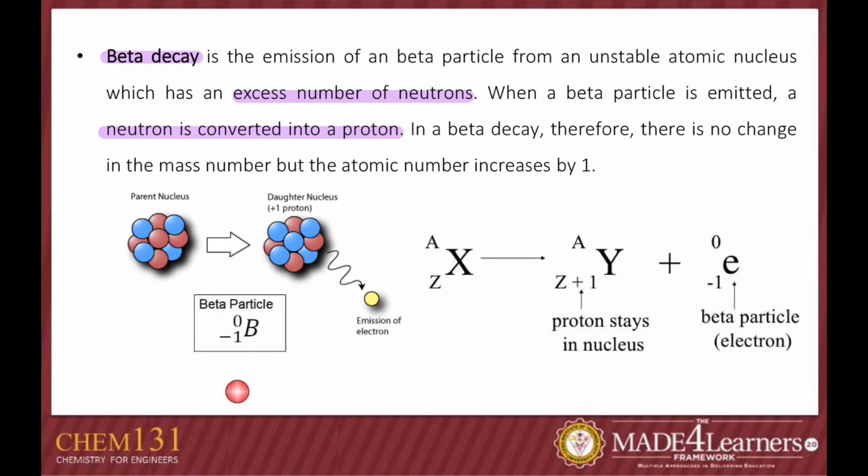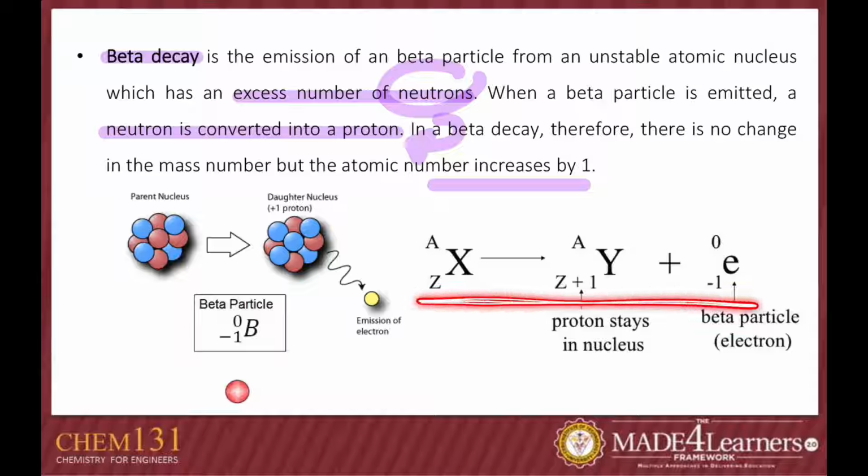So in a beta decay, there is no change in the mass number, because the mass of the electron is 0, but there is an increase by 1 in the atomic number, because the neutron is converted to a proton. Or we can just look at it from the equation.